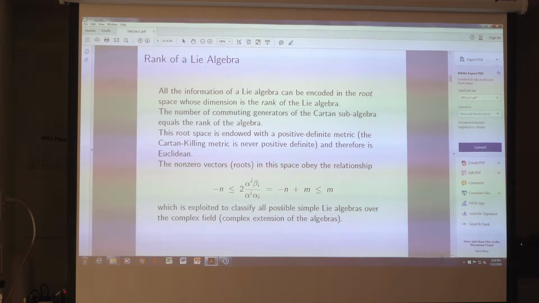So E8, for example, lives in 8 Euclidean dimensions. Okay. So we will see that the non-zero vectors, the roots in this space, obey this relationship. It's like taking the inner product of one root vector with the other, and you normalize, essentially by dividing by the length squared of one of the root vectors.